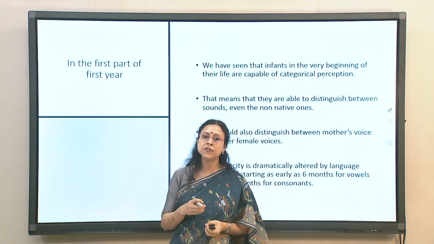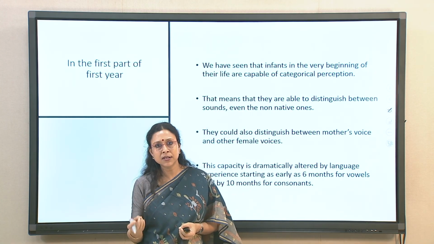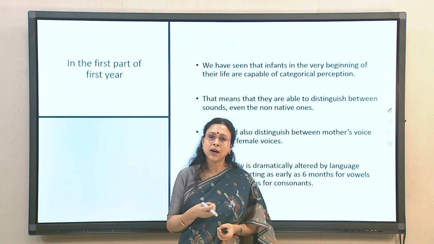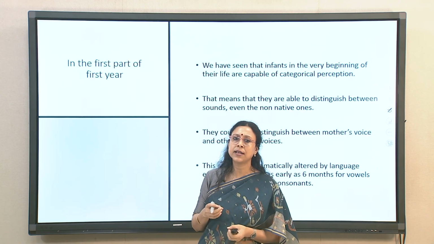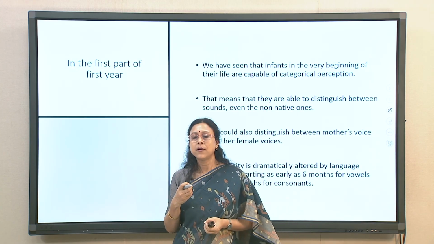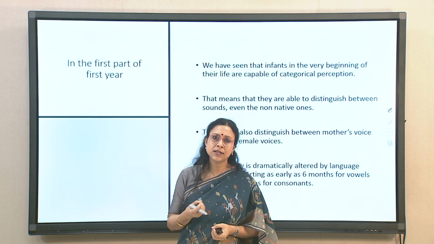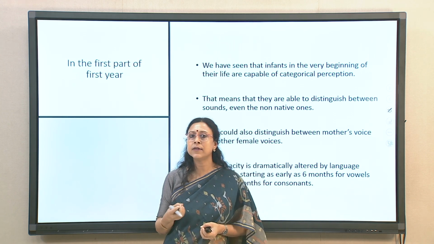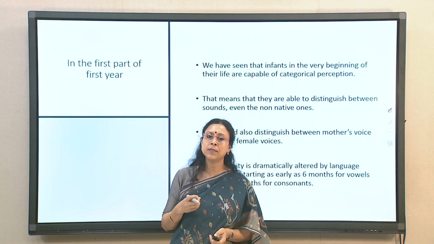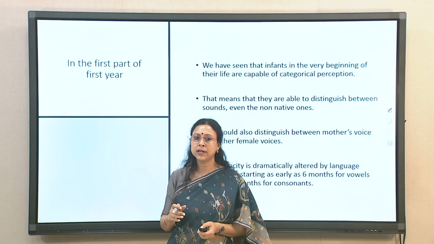So, they can distinguish between native and non-native sounds, they can distinguish between mother's voice, other female voices, own language, other languages, all kinds of things. So, the perceptual abilities are very high, the acuity is very strong. It is almost nearly universal. All infants are capable of distinguishing various kinds of sounds. So, in the beginning it is very strong.